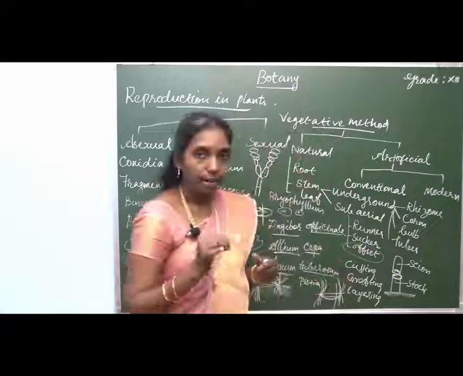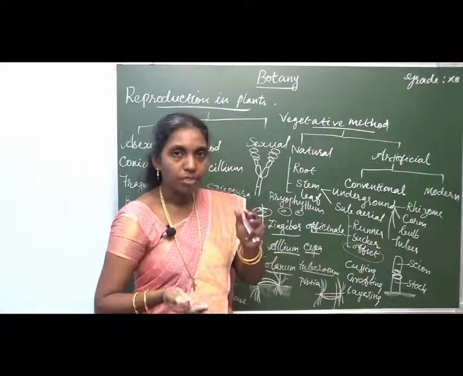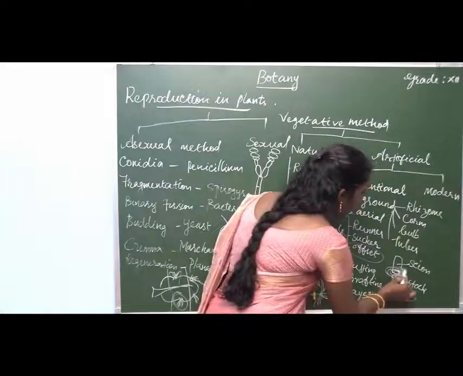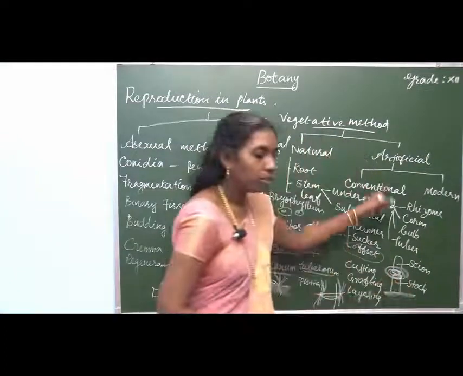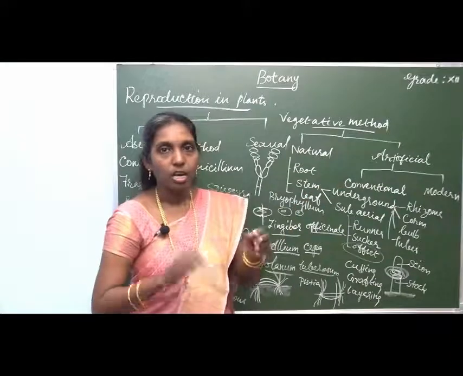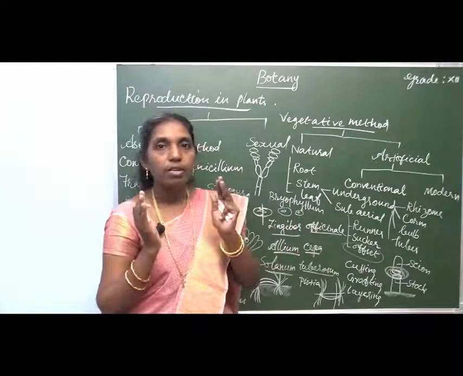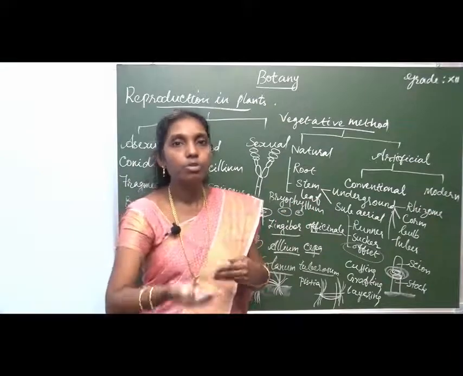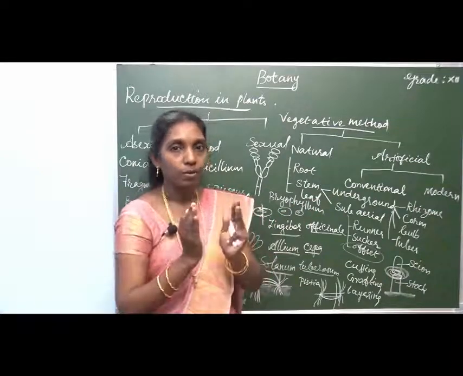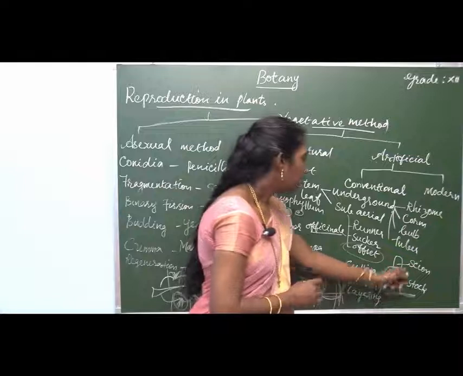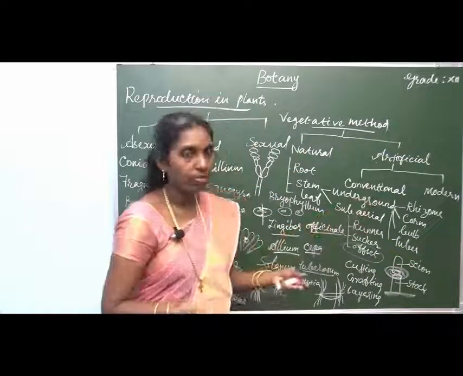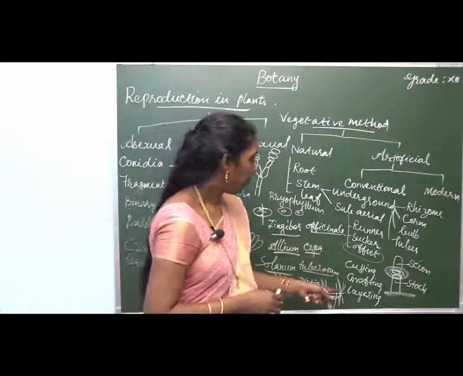So, in grafting, two different plants are joined together and allowed to grow into one species. This is grafting, also one of the conventional methods of reproduction.